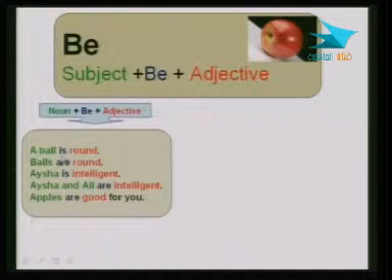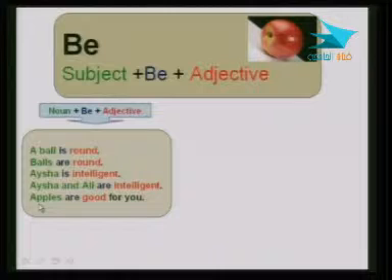And here, the subject balls is plural, so the verb be also has to be plural. So balls are round. Aisha, that's singular, a name of a person, is intelligent. Aisha and Ali, that's plural because we have two persons, are intelligent.